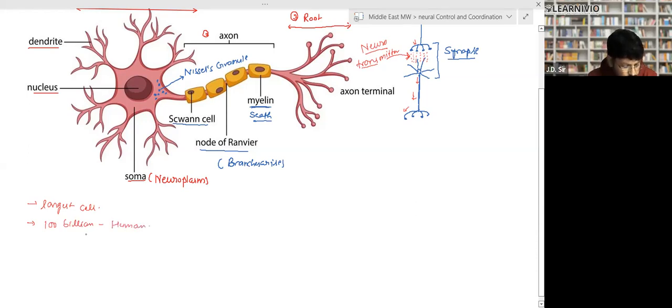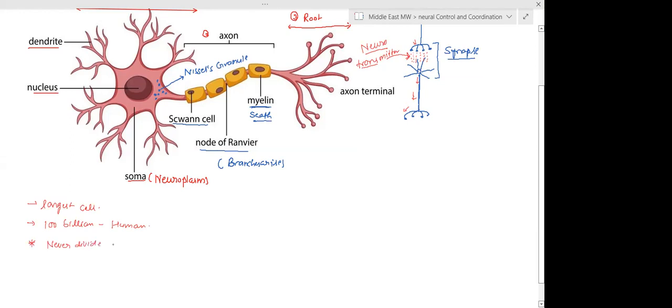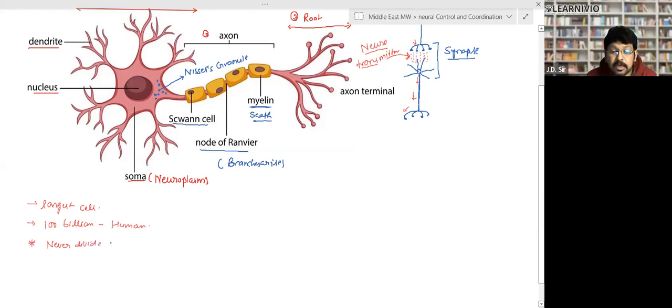Next point. It's a very important point, this is a question. Fully formed neurons never divide. The question which has already been asked is in which phase of the cell cycle they are found.